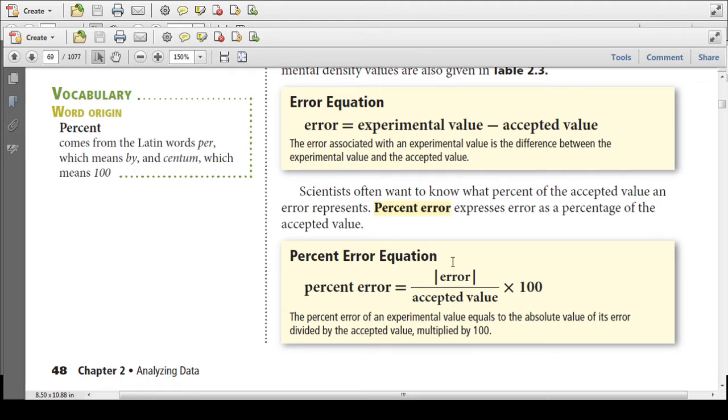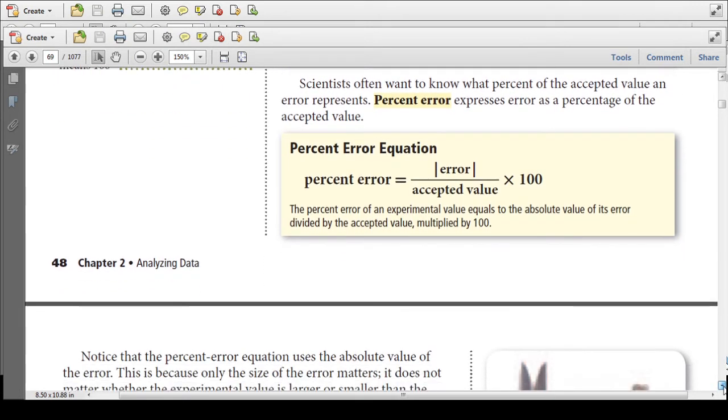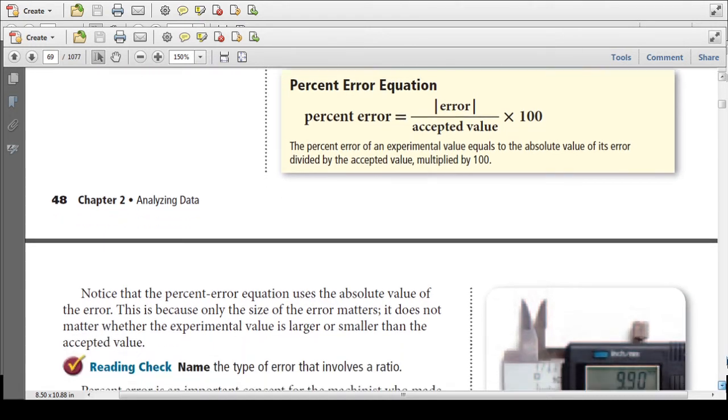Then we divide that by the accepted value, in this case the density of sucrose, and multiply it by 100. So the percent error of an experimental value equals the absolute value of the error divided by the accepted value, multiplied by 100.